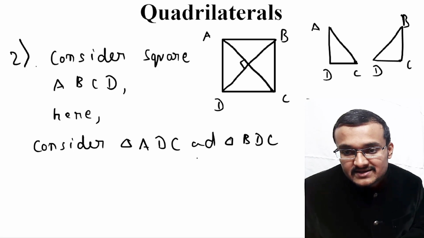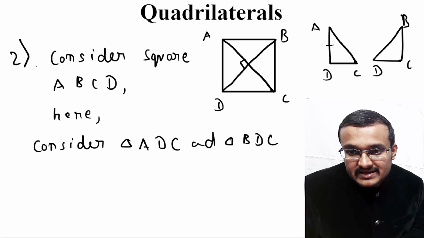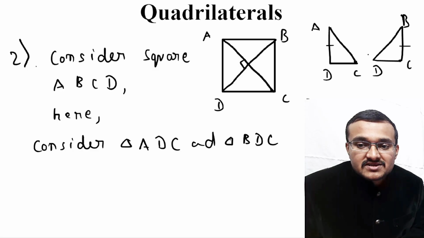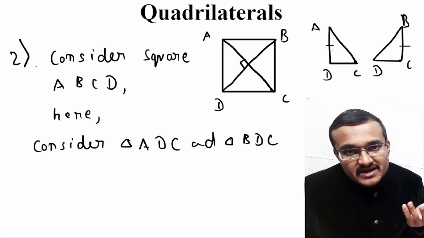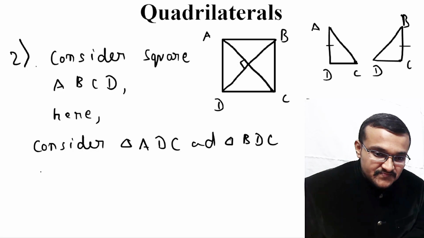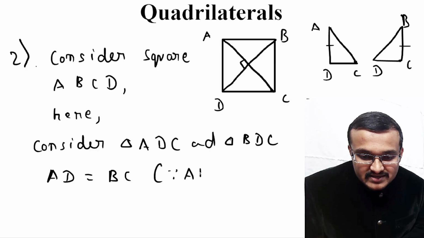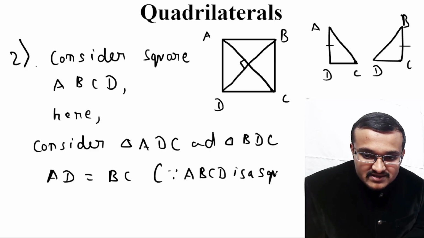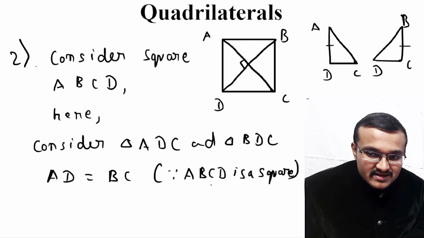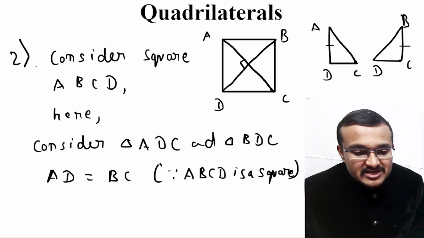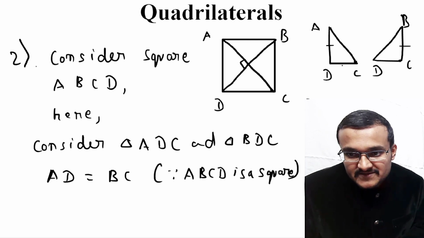So in these two triangles, AD is equal to BC because all the sides in a square are equal to each other. Since ABCD is a square, all the sides will be equal to each other. So AD is equal to BC.